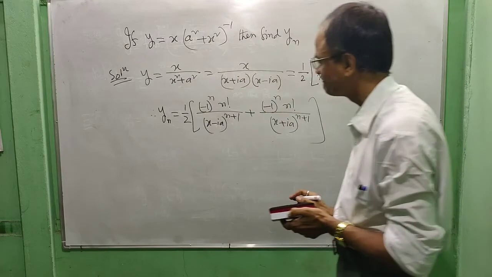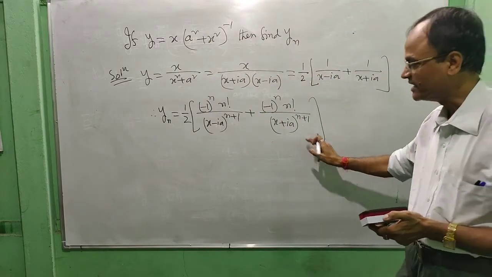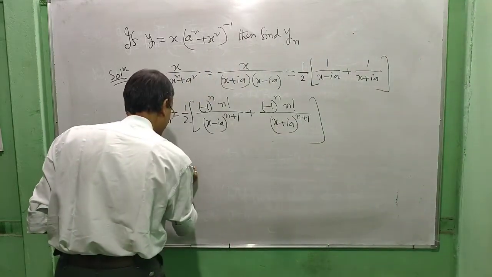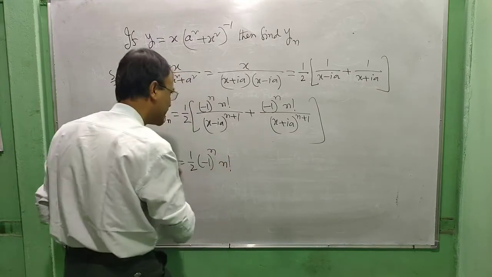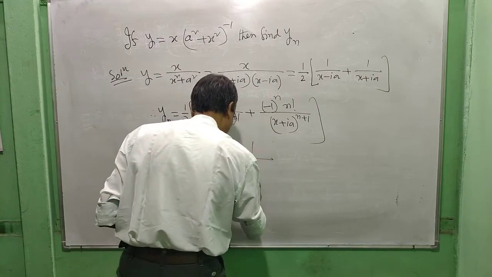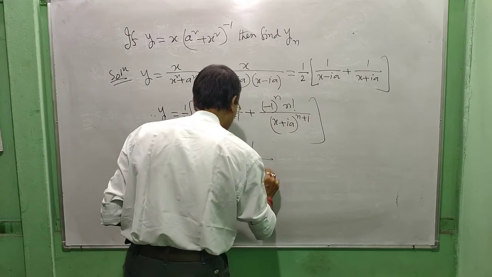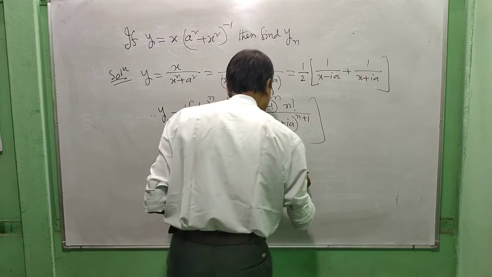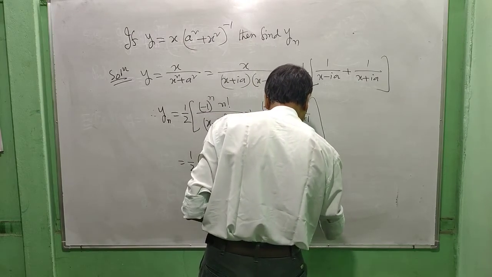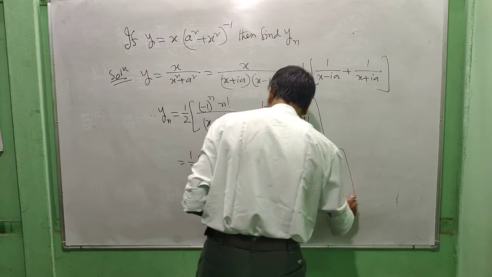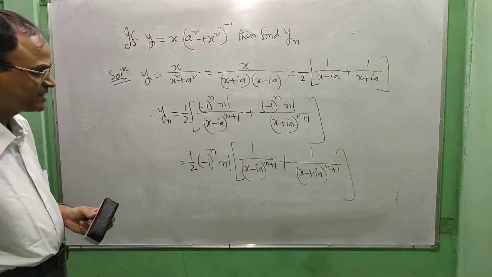We will have to remember this. You will get: half of minus 1 whole to the power n factorial n, times 1 by (x minus ia) whole to the power n plus 1, minus 1 by (x plus ia) whole to the power n plus 1.